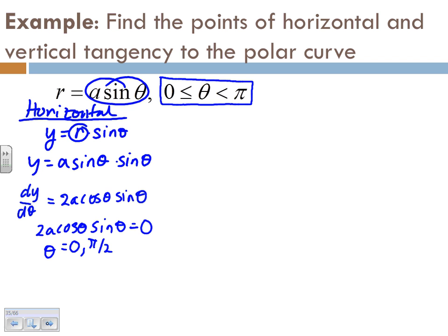Okay, we're going to pause because I can't guarantee these are going to be horizontal tangents yet. Because what if I got theta to be 0 over on a vertical tangent part? Would it be either one? No, you have to throw it out completely. So now let's pause. Let's go do the same thing with vertical, and then we'll continue to find the points after that.